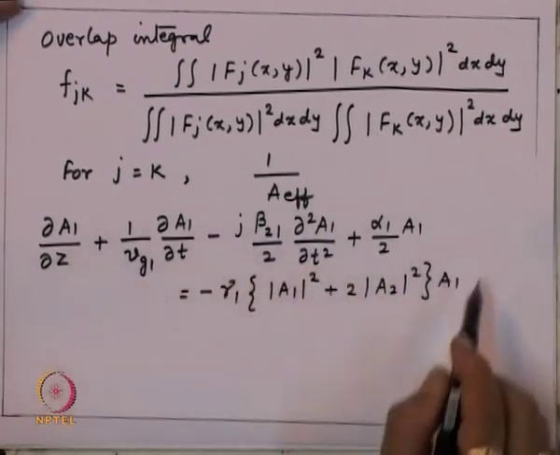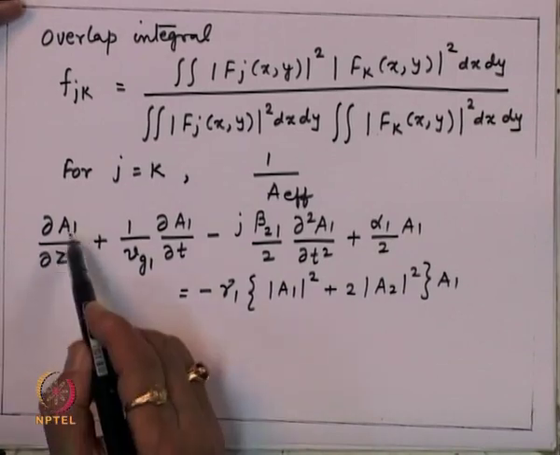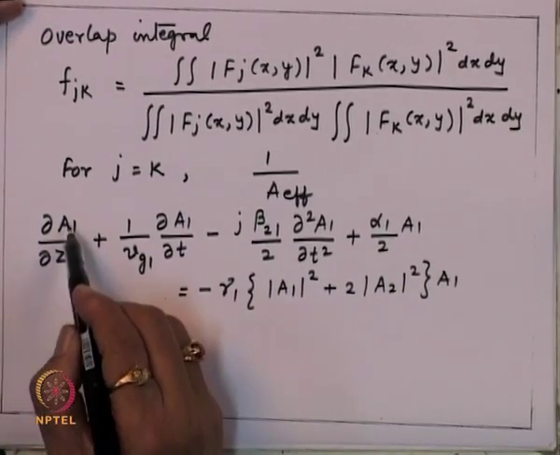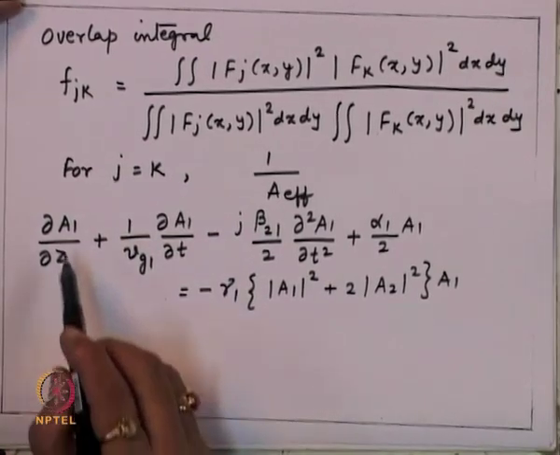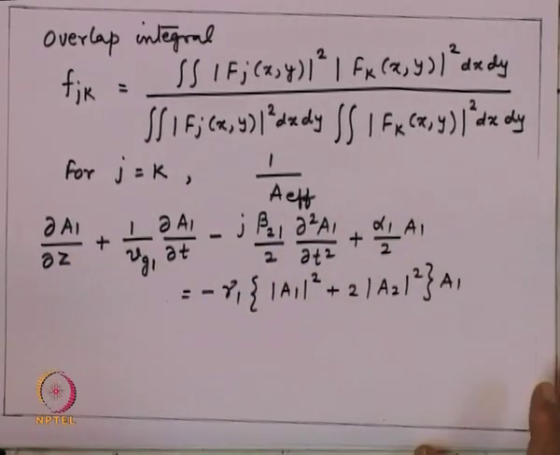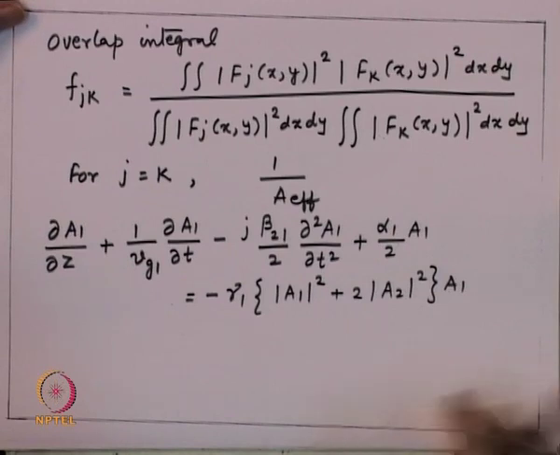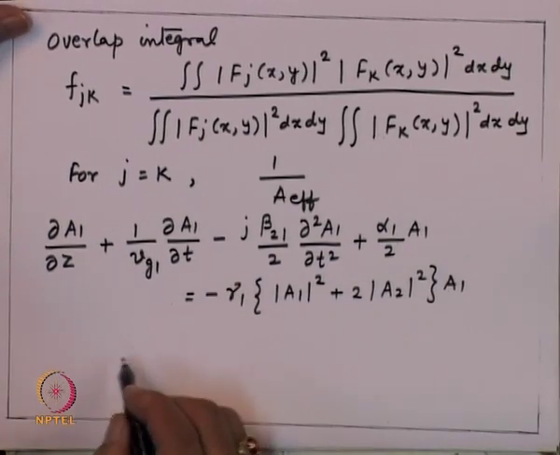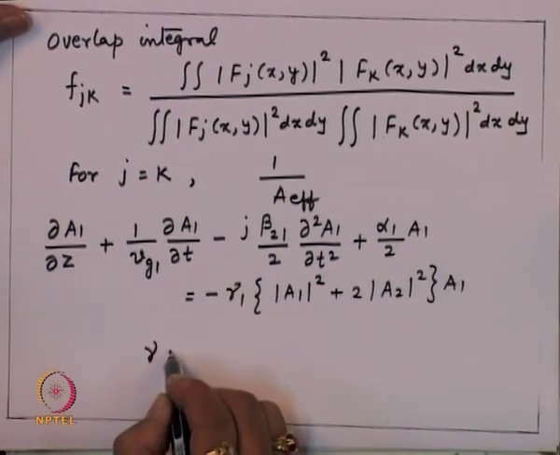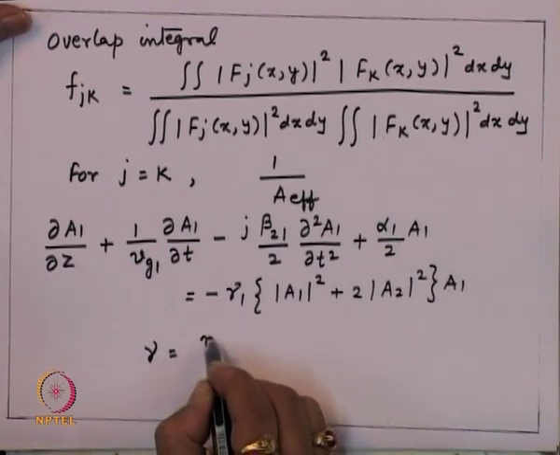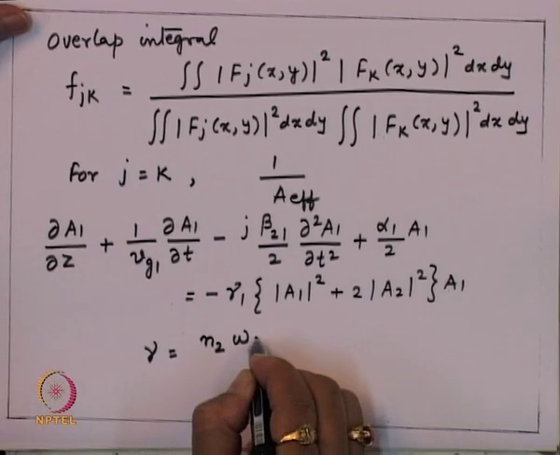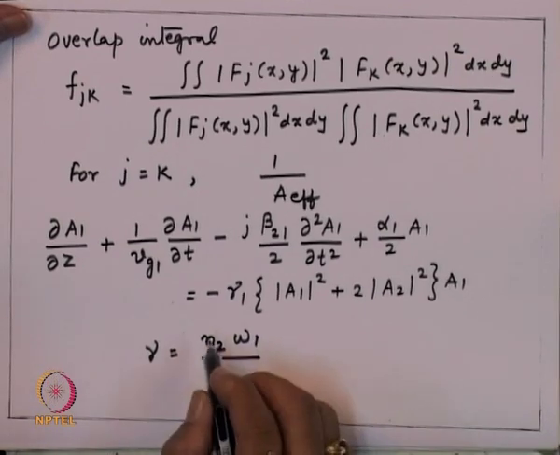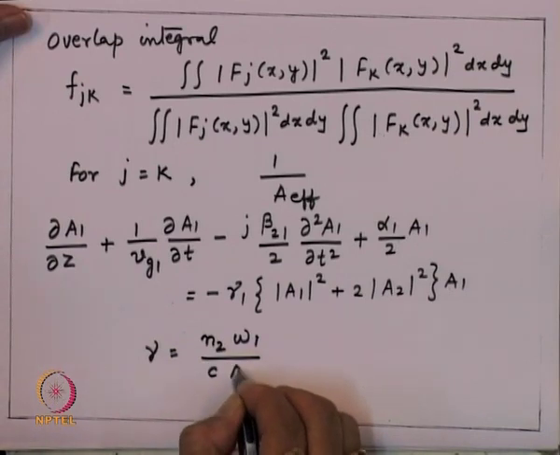And you will have the same equation for A2 also. If I replace A1 by A2, I will get a similar equation for the second signal, where this quantity gamma, as we defined in the earlier case, is equal to the n2 nonlinearity coefficient, j, so omega 1 divided by c times A effective.